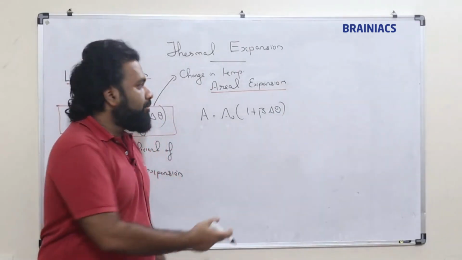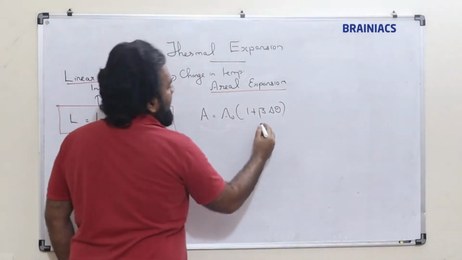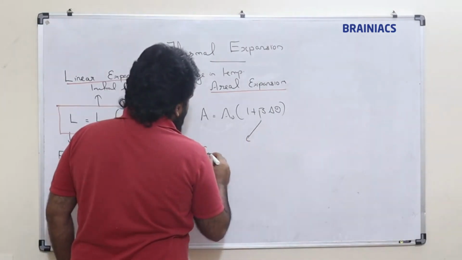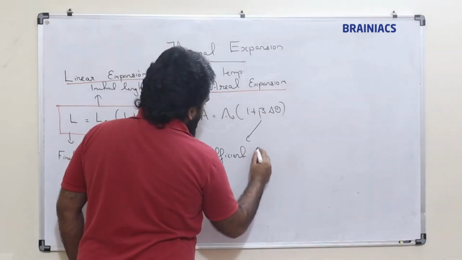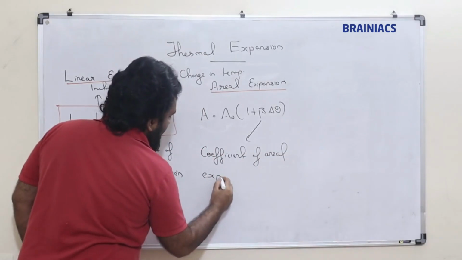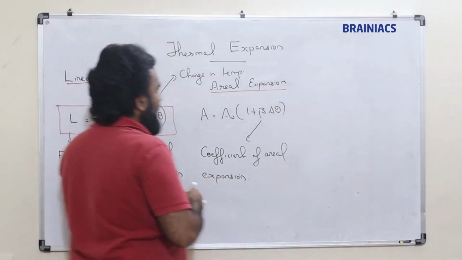Now when we change the temperature, the area became this, 1 plus beta delta theta. This is the change in temperature, and this is the coefficient of areal expansion. Clear?